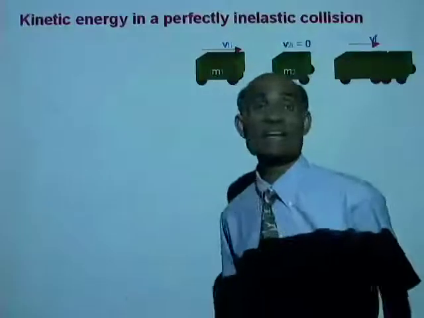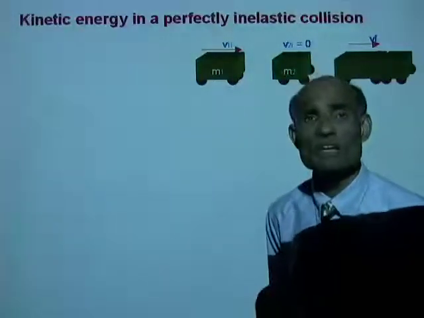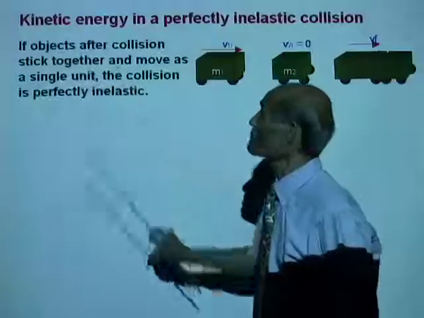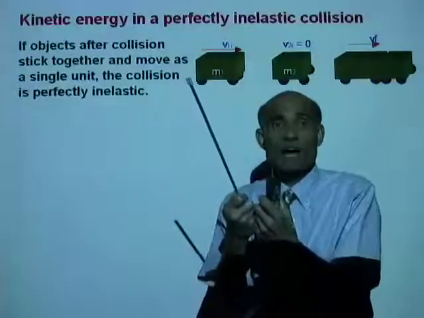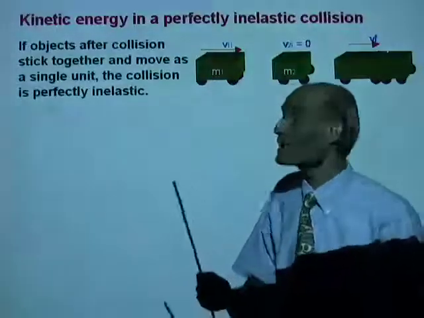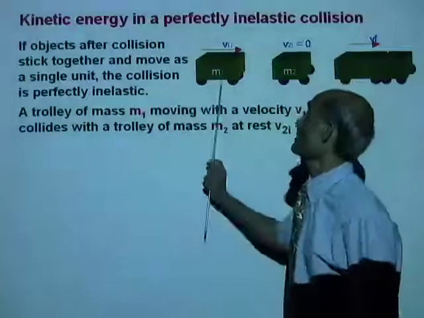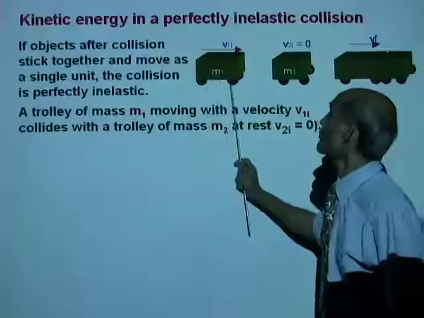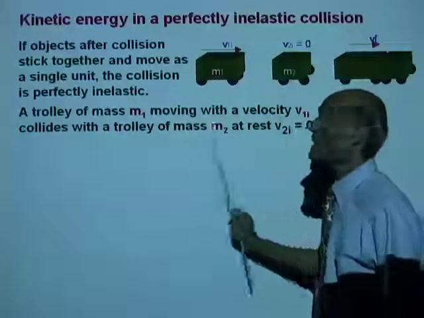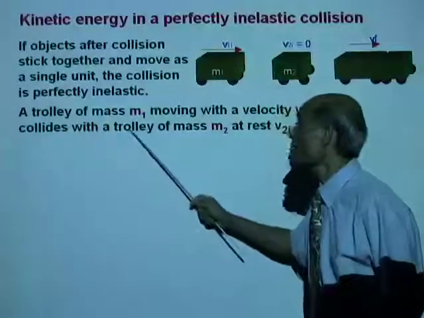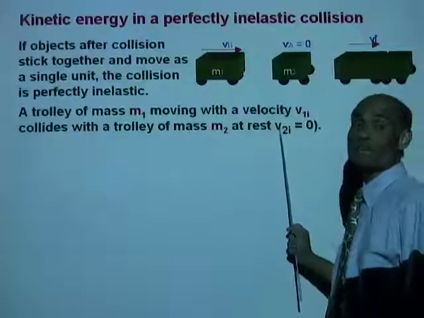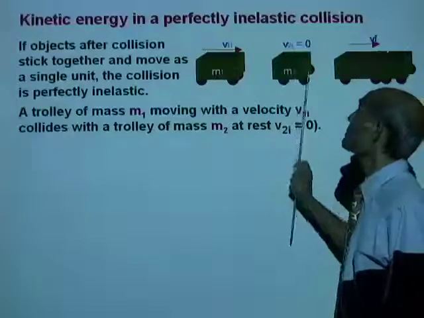Let's now talk about kinetic energy in a perfectly inelastic collision. If objects after collision stick together and move as a single unit, the collision is perfectly inelastic. A trolley of mass m1 is moving with velocity v1i, and collides with a trolley of mass m2 initially at rest, which means v2i equals 0.